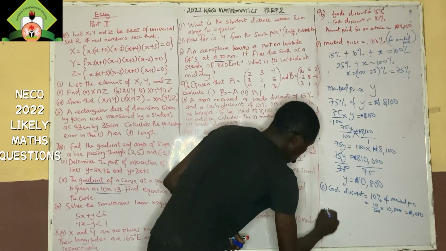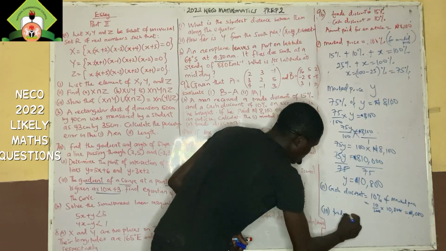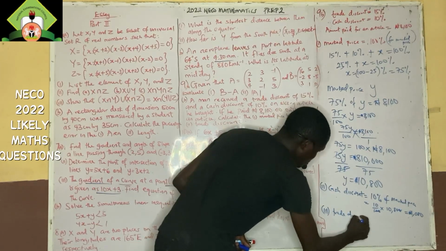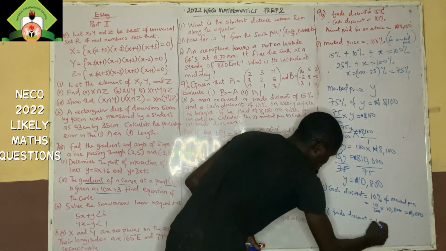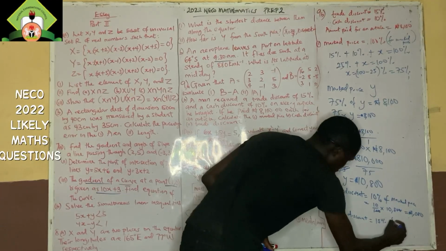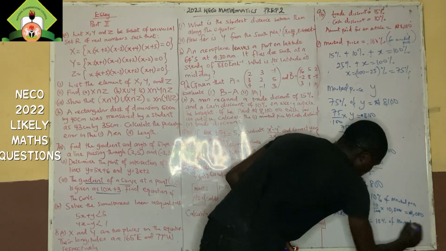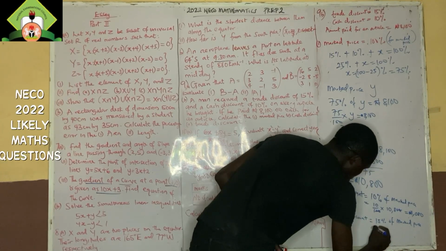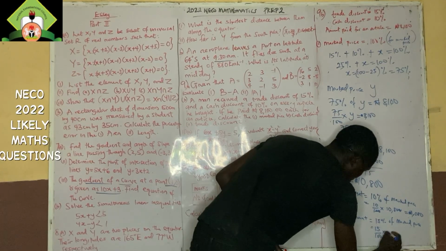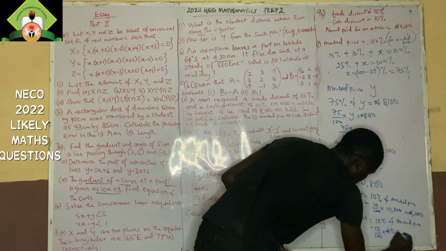So the next one is the trade discount. The trade discount will be what? 15% of the marked price, which is equal to 15 over 100 times 10,800.